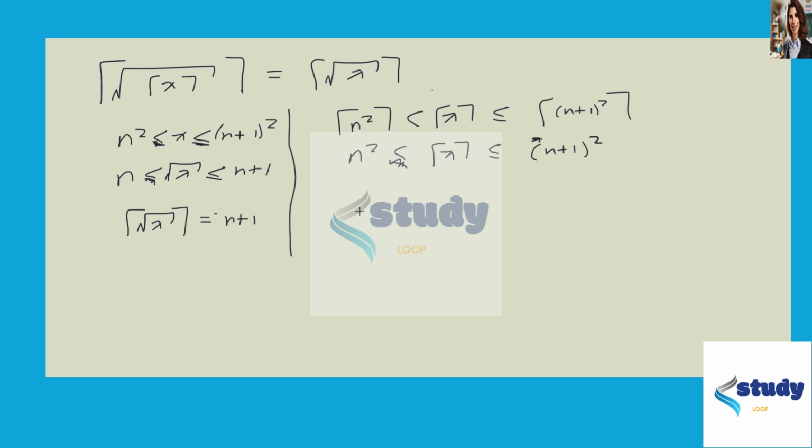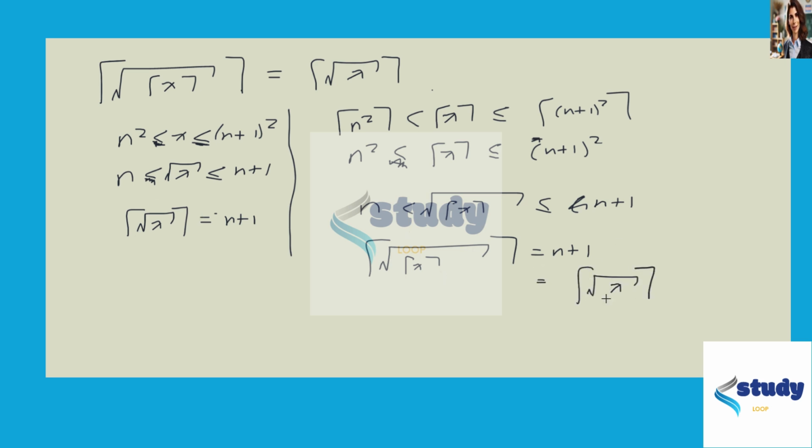Taking square roots of everything, n is less than square root of ceiling of x, which is less than or equal to n plus 1. And ceiling of this again gives you floor of ceiling of x is equal to n plus 1. But you know n plus 1 is already this number, so this is ceiling of square root of x, so equality follows.